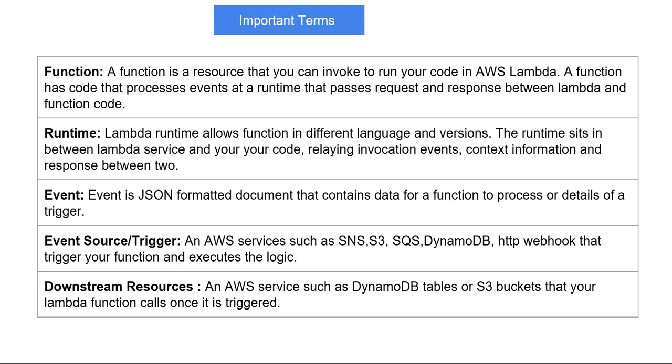Runtime is basically language runtime. When we are going to create a Lambda function, on the AWS Lambda creation page in the console, we will be prompted to select the language runtime. It will ask in which language we have written our script, whether it is Python, Node.js, C#, or another supported language.